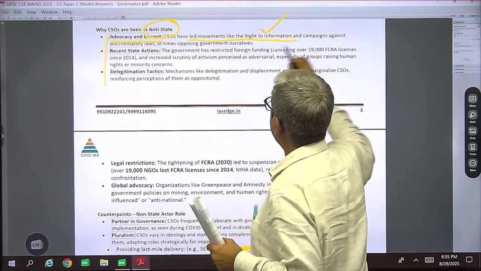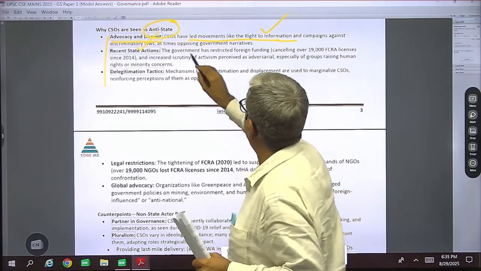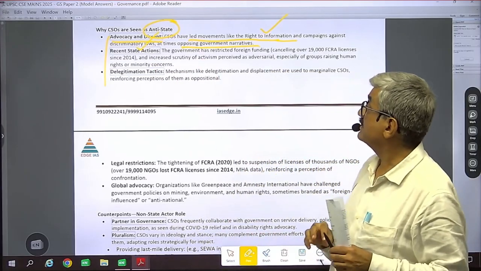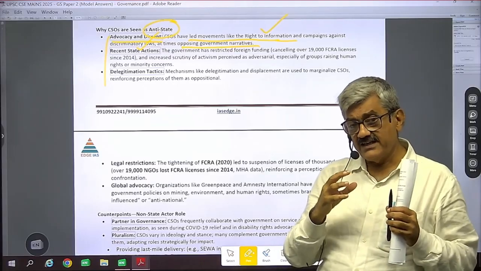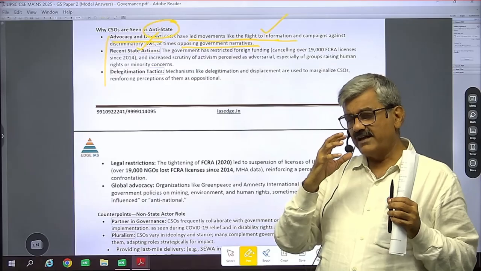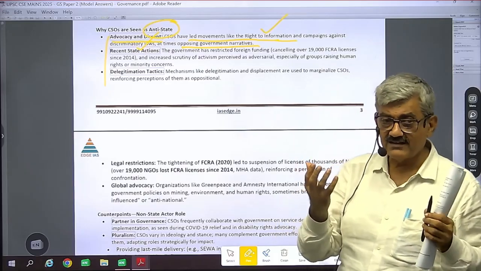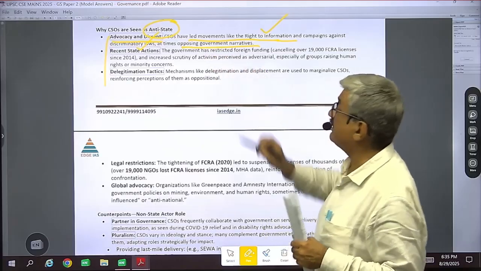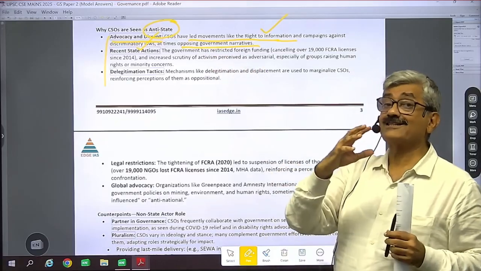But campaigning against discriminatory laws, at times opposing government narratives, has been seen as their anti-state avatar. We have been seeing it when they oppose government narratives with certain motives.